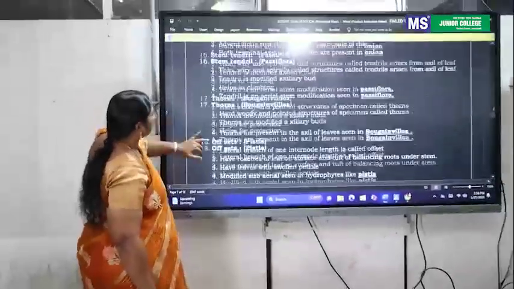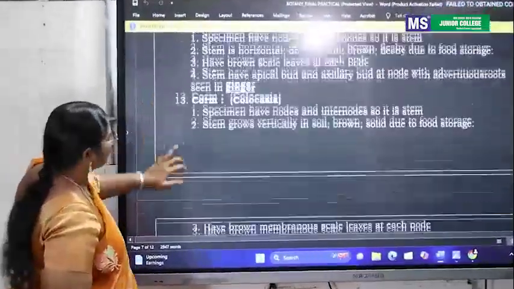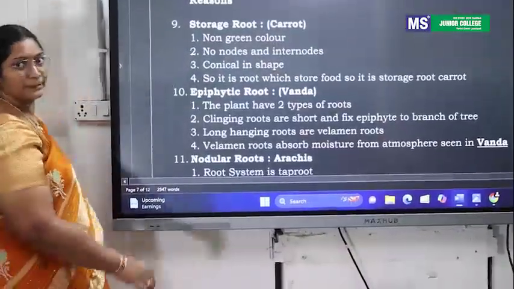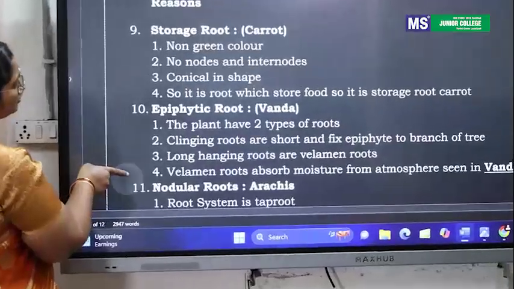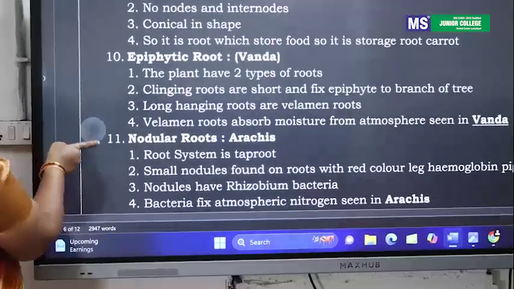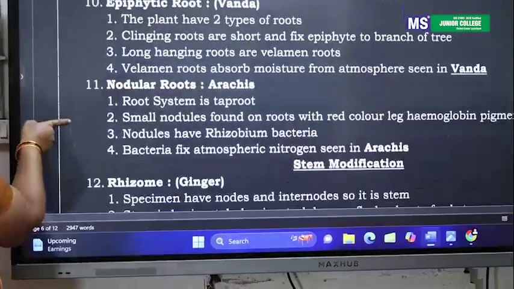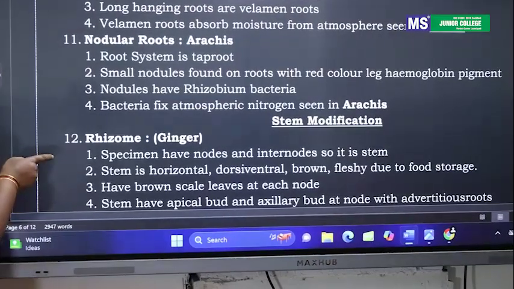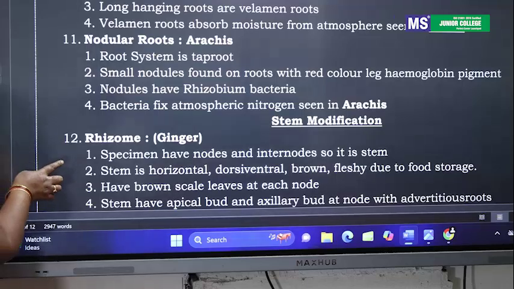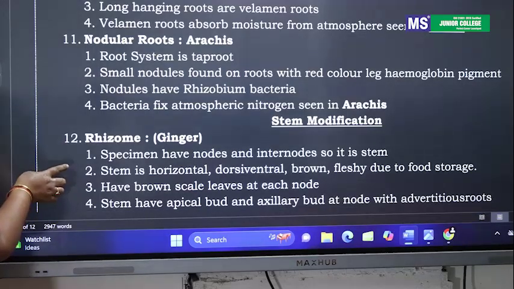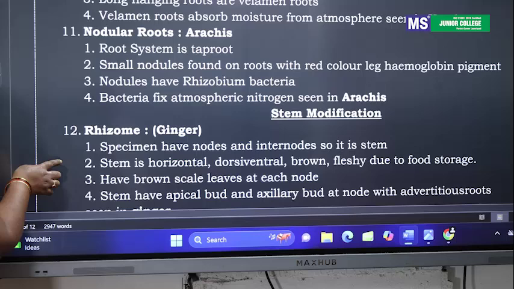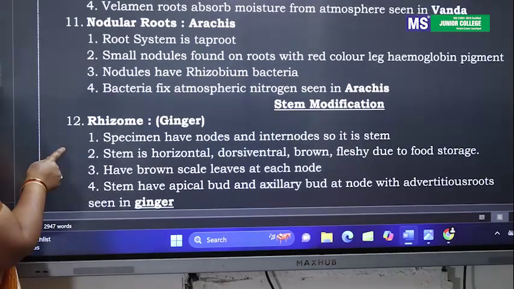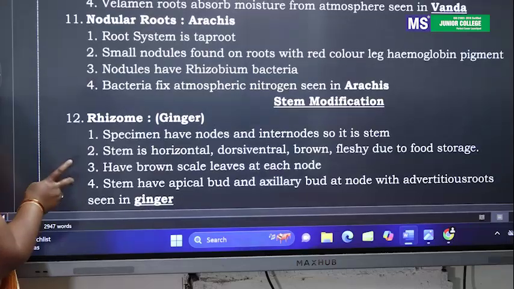Slowly I will move this, you just check it out. So this is the first spotter. Epiphytic, Vanda. The plant has 2 types of roots: clinging roots, which are short and fix the epiphytic plant to the branch of a tree, and long hanging roots or velamen roots, which absorb moisture from the atmosphere, example Vanda.